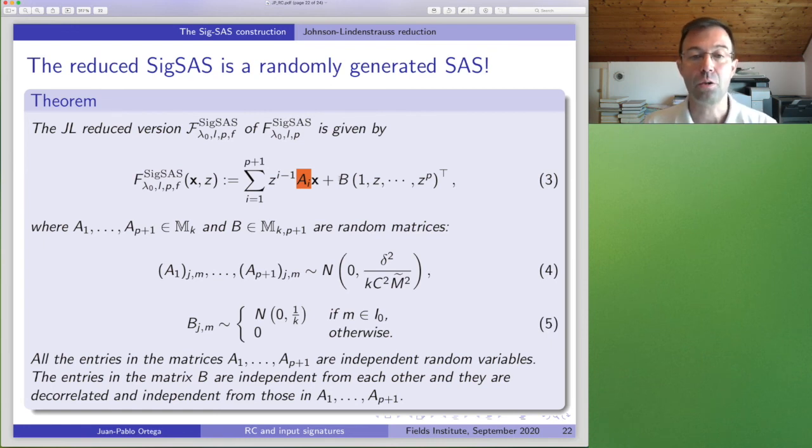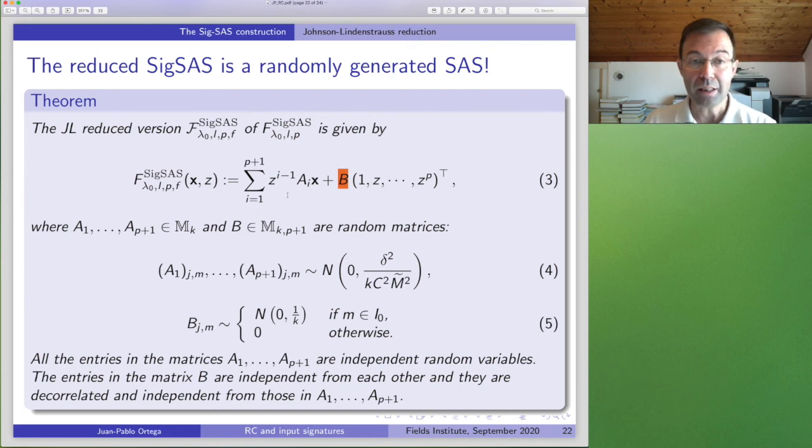And then this non-homogeneous term that is represented by this capital B is a vector. But these are random matrices, random matrices whose law I can make totally explicit.